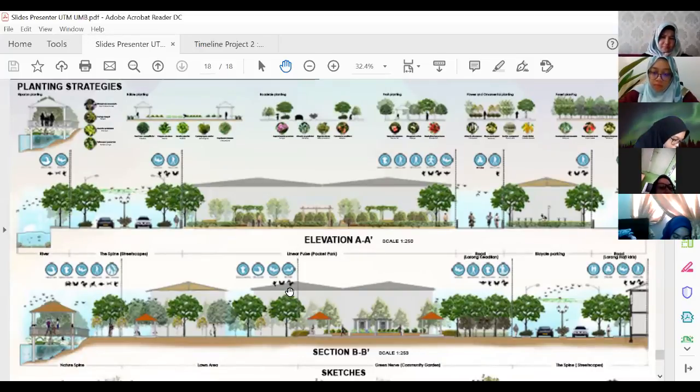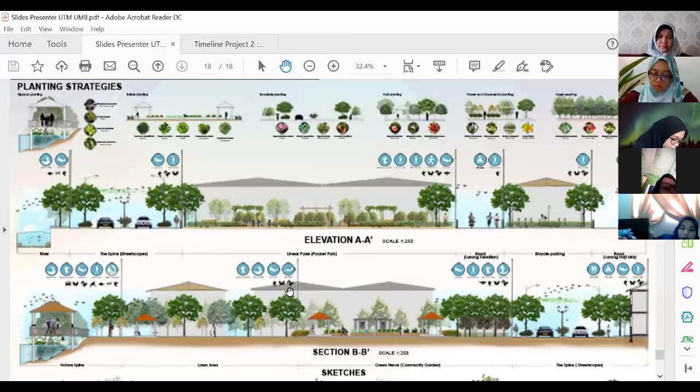For the roadside planting, mostly the planting is for the benefit of the user and also for the ecological benefit, which is also for the habitat and the food for the wildlife. And fruit planting also is used to attract wildlife.